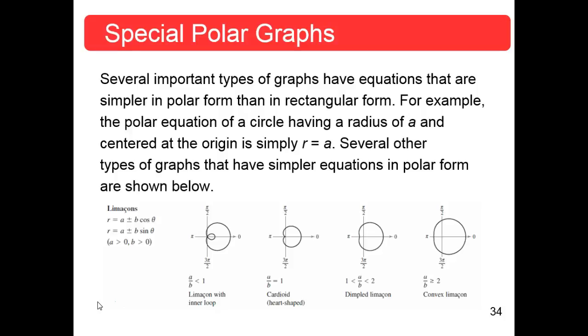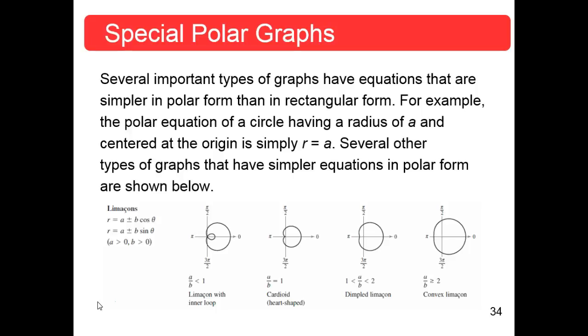And a convex limaçon, which bulges ever so slightly. Not a circle, but slightly convex as opposed to concave, which is like a dimple. These are r equals a plus or minus b cosine theta, and r equals a plus or minus b sine theta, where a and b both have to be positive integers.